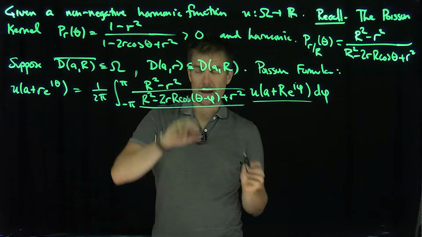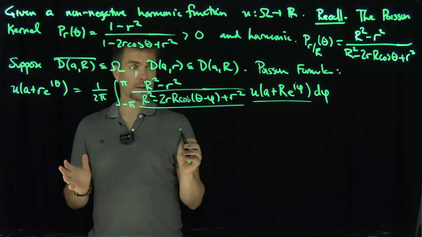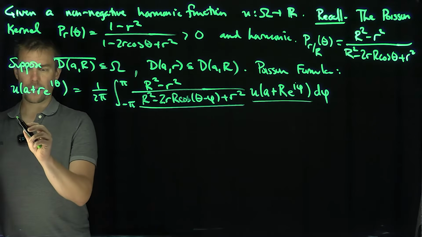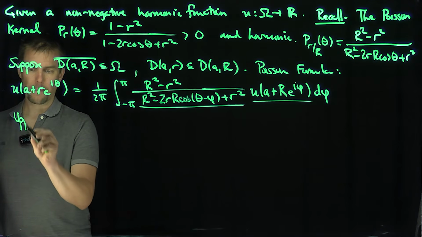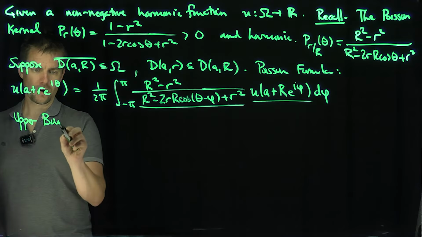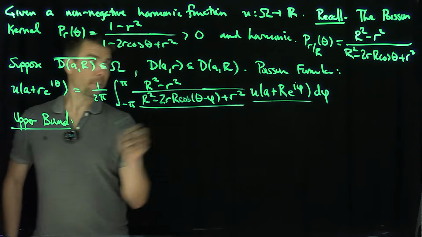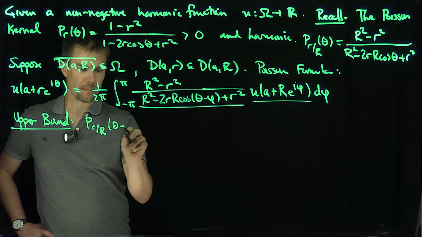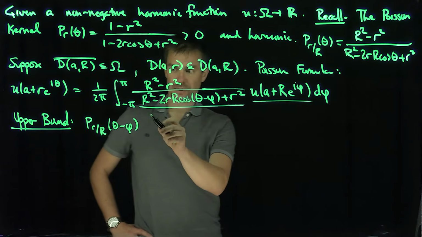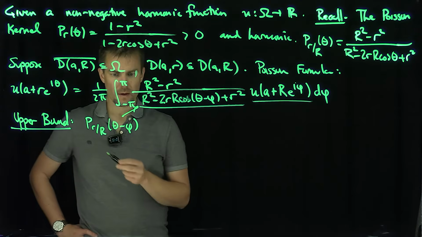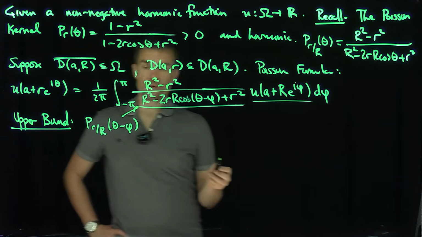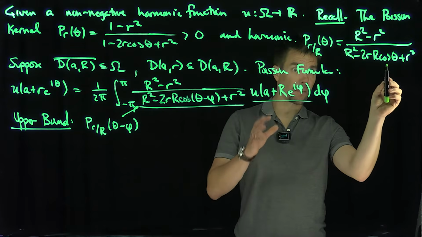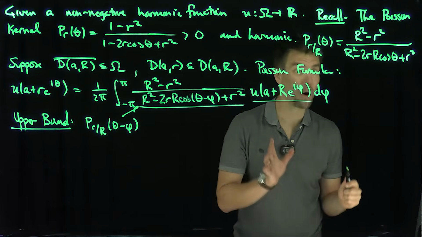Now we're going to estimate this Poisson kernel. What's the largest and smallest it can be? We're going to get an upper bound and a lower bound. The upper bound of P r over R of theta minus phi, that's this expression right here. How can you make this as large as possible? You make it as large as possible by making the denominator as small as possible.